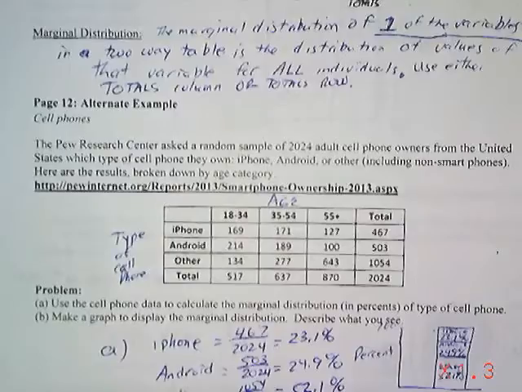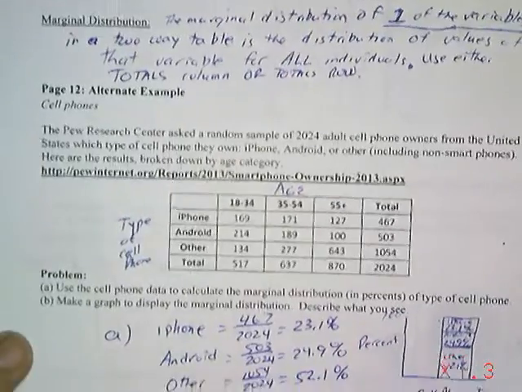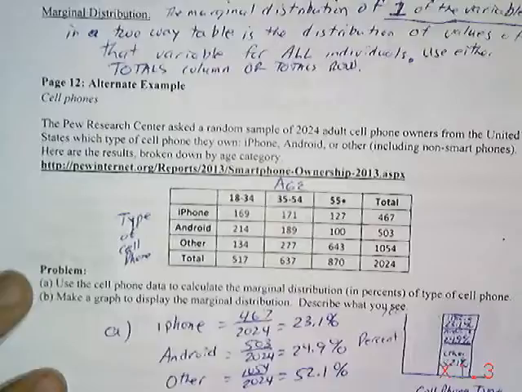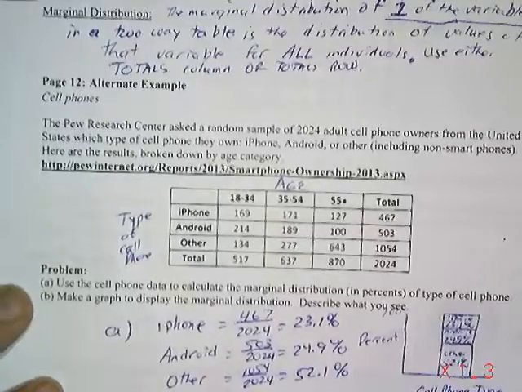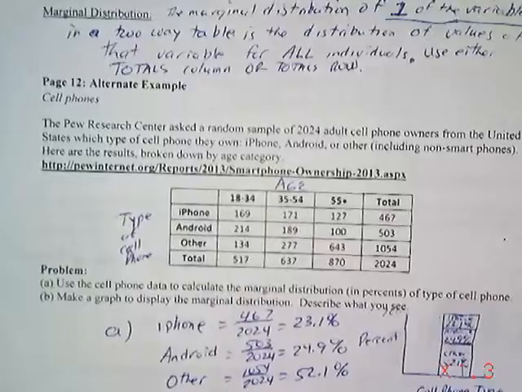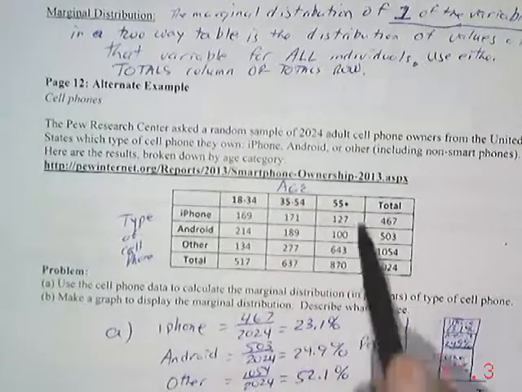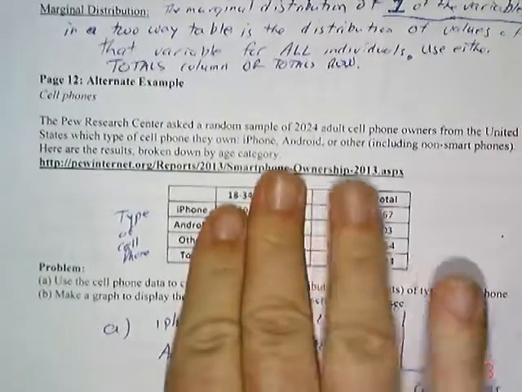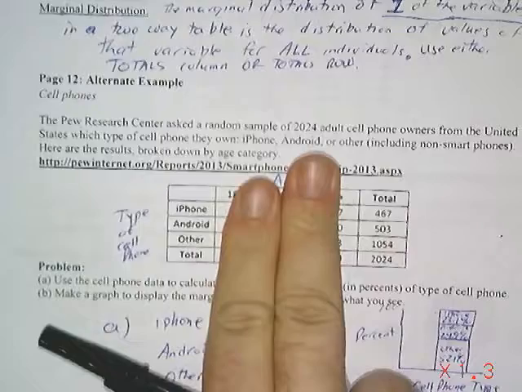Let's calculate it in percentages, which is always a lot more helpful. 467 divided by 2024 is 23.1% that own an iPhone. We do 503 divided by 2024, 24.9% own an Android, and 52.1% of people own other.